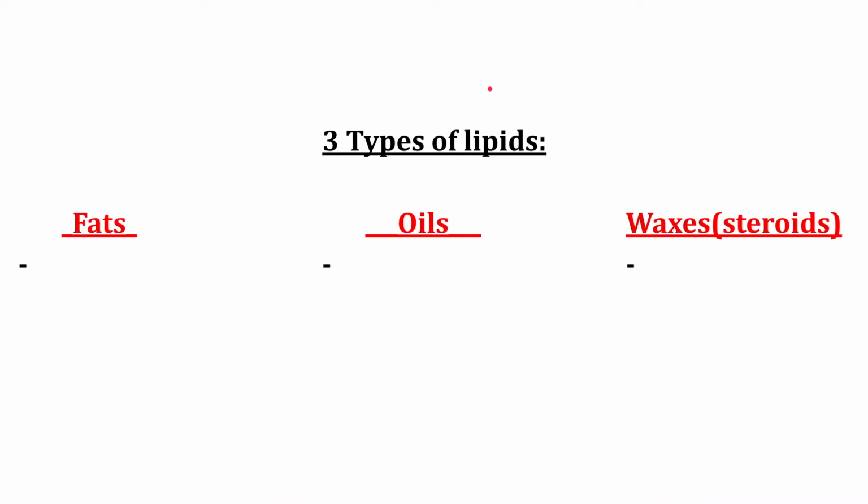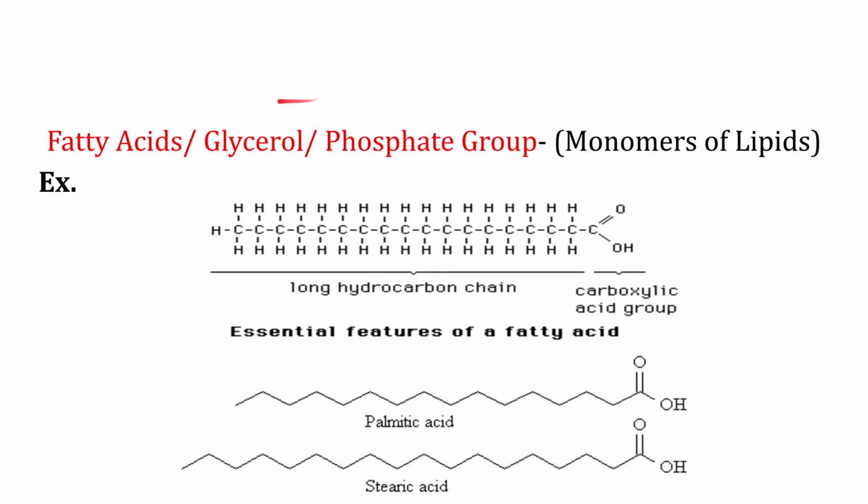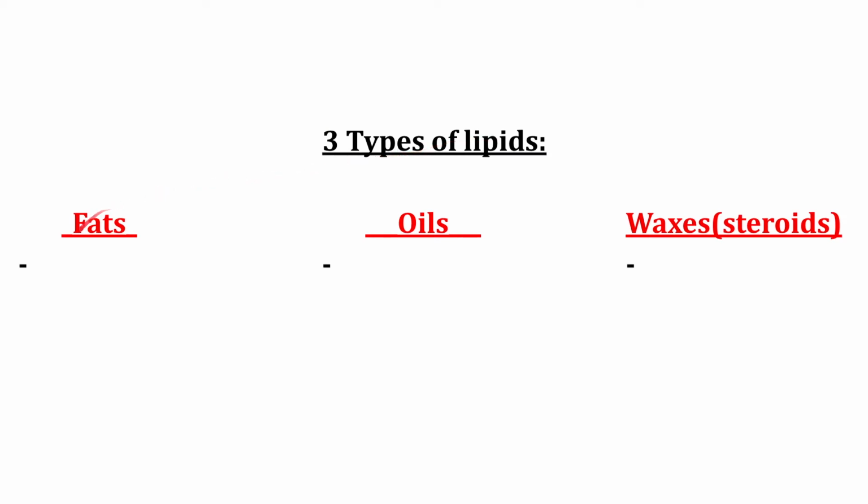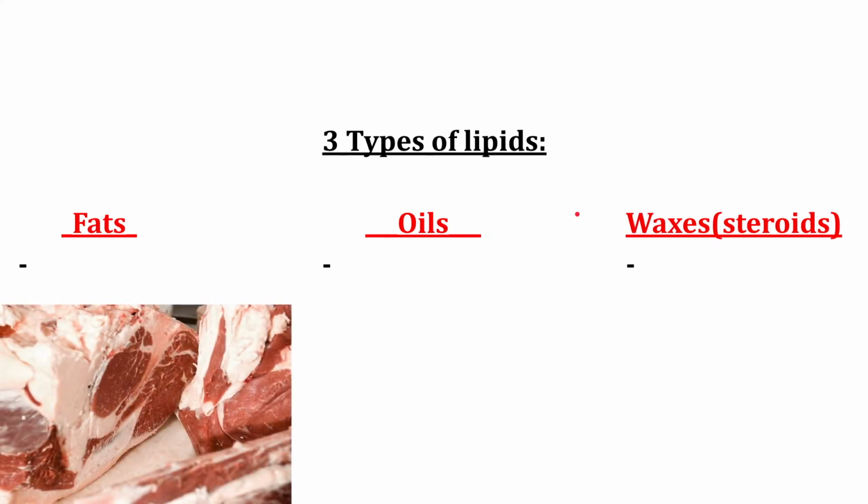And from there, depending on how those fatty acids pair with either a glycerol or a phosphate group, gives you different types of lipids. The first is fats. You traditionally find these in animals. However, they are found in, if I'm not mistaken in saying, every type of living organism, but primarily it's found both in plants as well as animals.